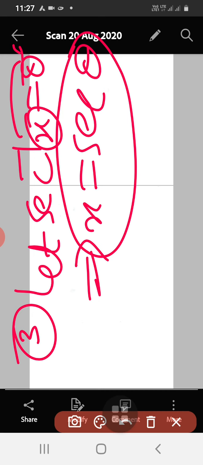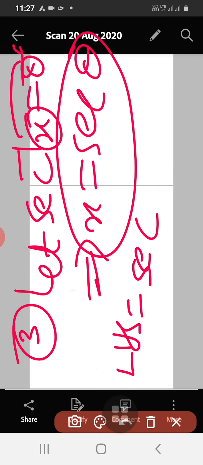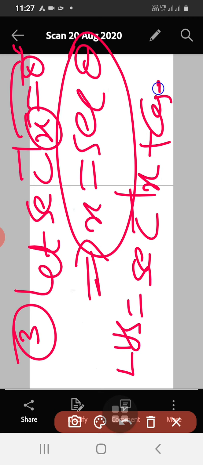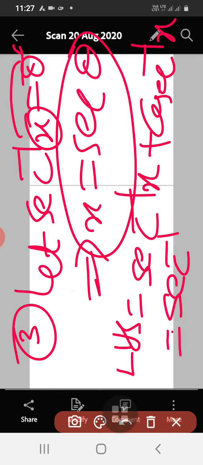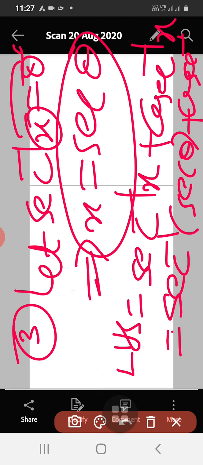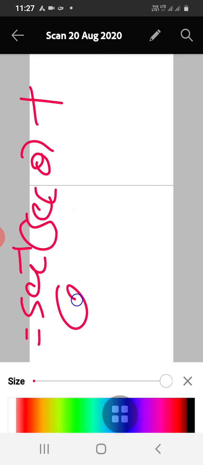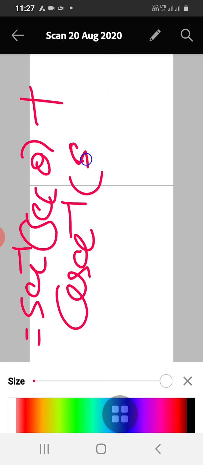So consider LHS. LHS is secant inverse x plus cosecant inverse x. I can replace this as secant inverse of secant theta plus cosecant inverse of secant theta.